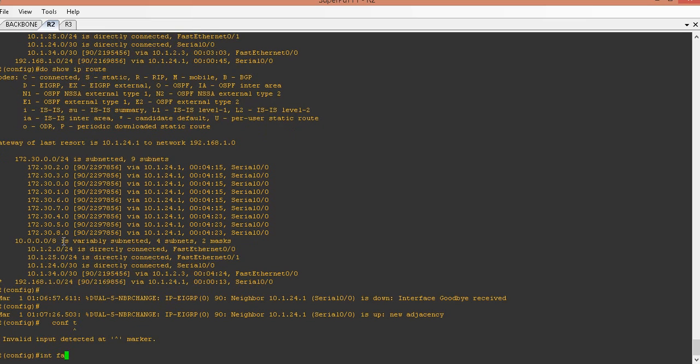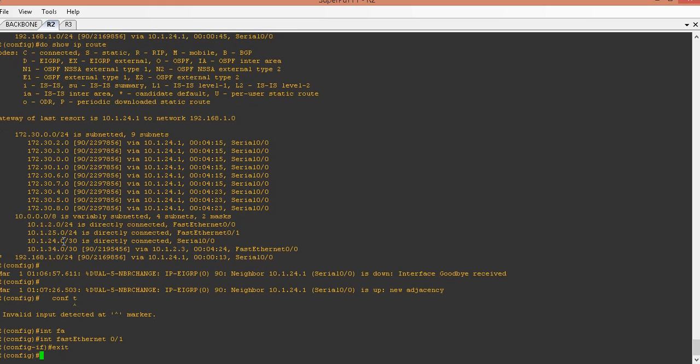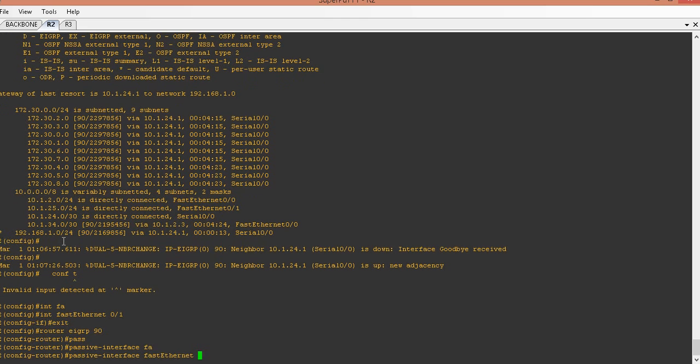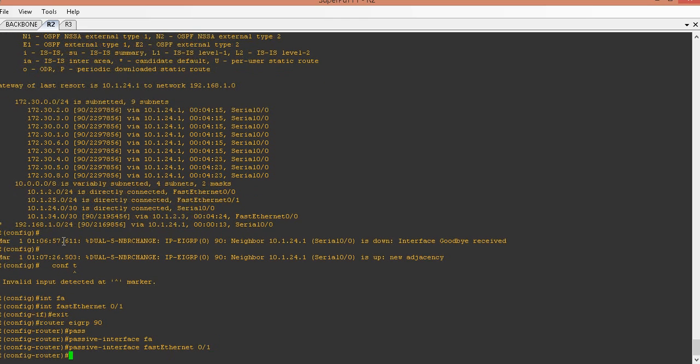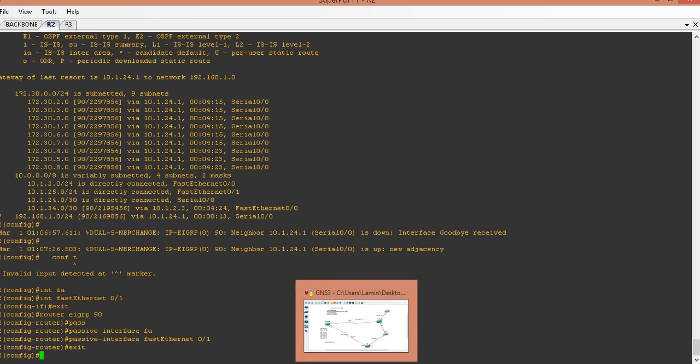Interface FastEthernet 0/1. I'll go into router EIGRP 90, passive-interface FastEthernet 0/1. So that is accomplished.